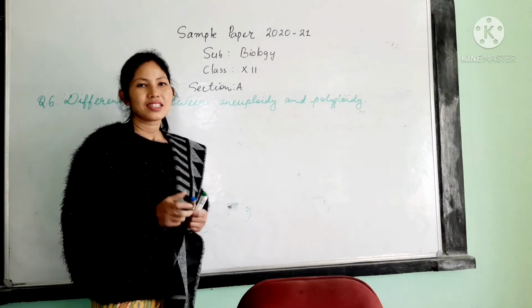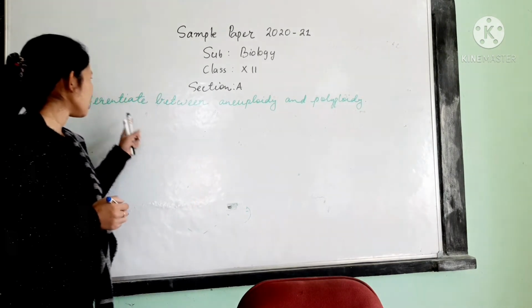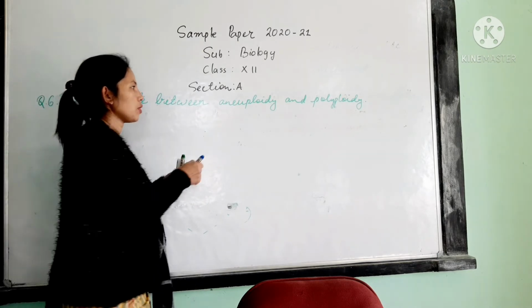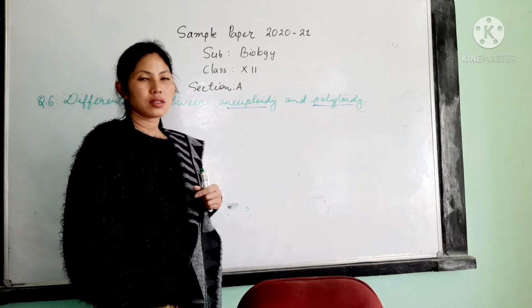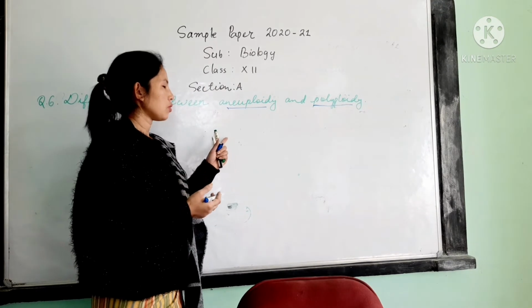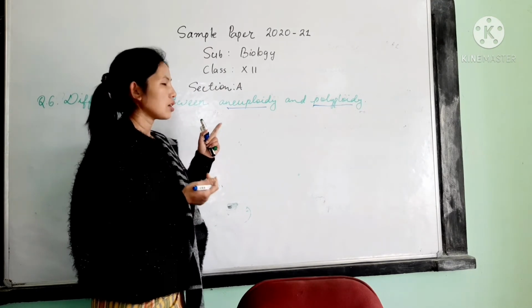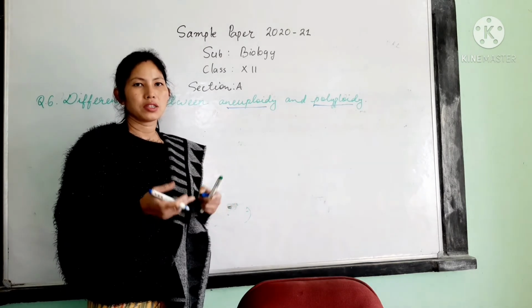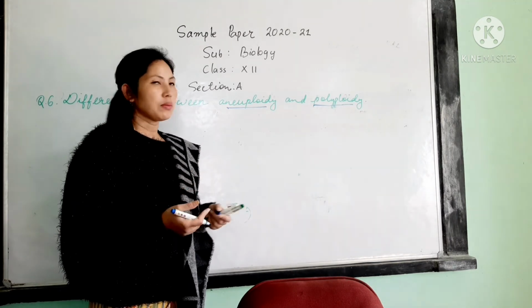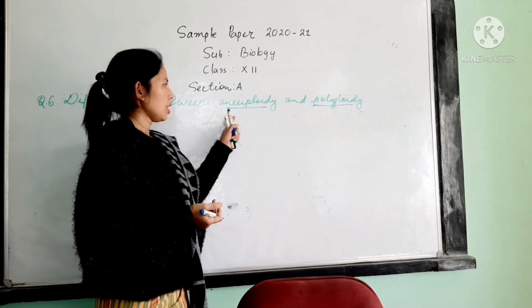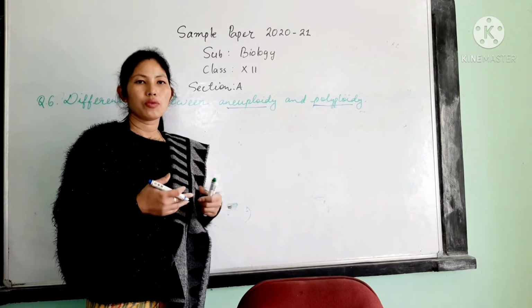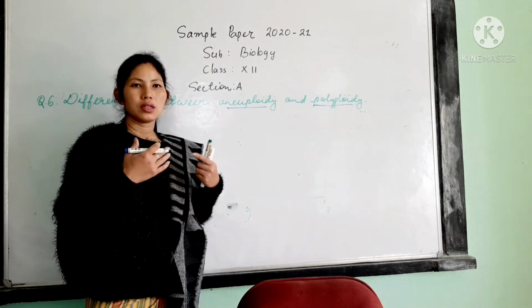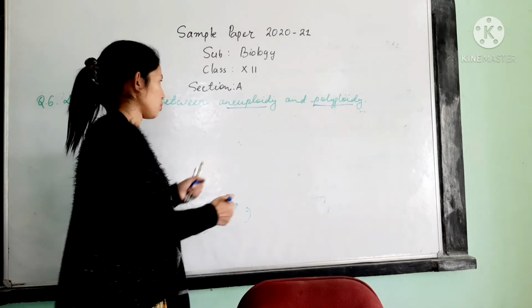Okay. Let us now discuss the next question, that is to differentiate between aneuploidy and polyploidy. These are chromosomal abnormalities, or changes in the number of chromosomes. In aneuploidy, there is the addition of one extra chromosome or the deletion of one chromosome.